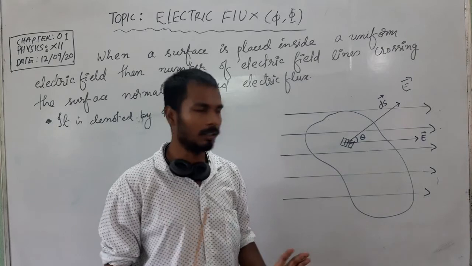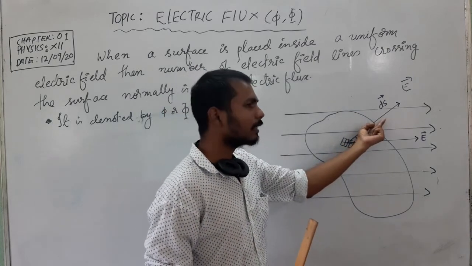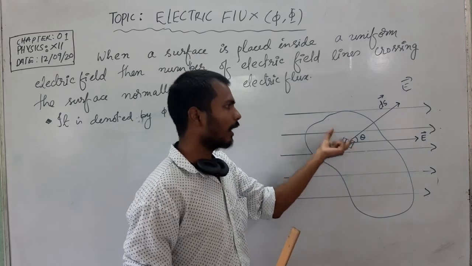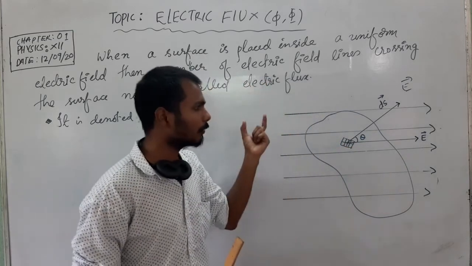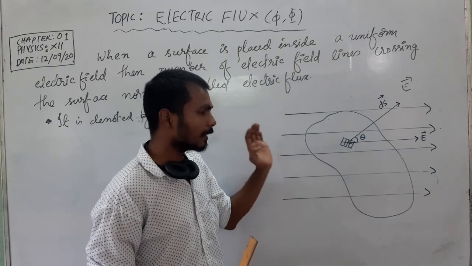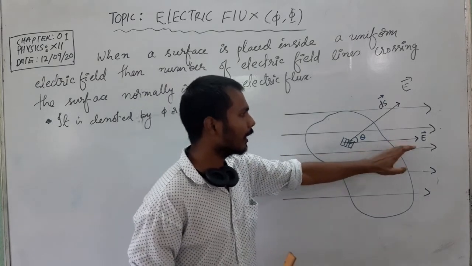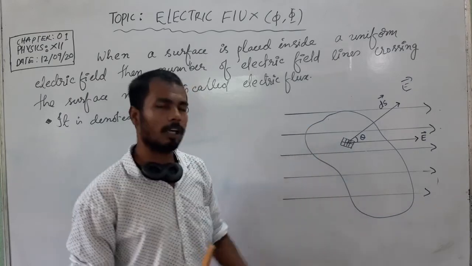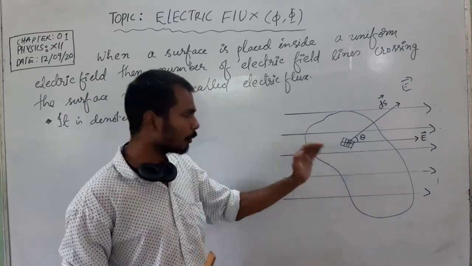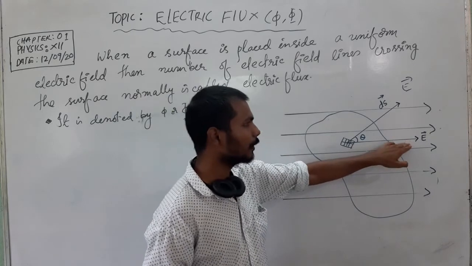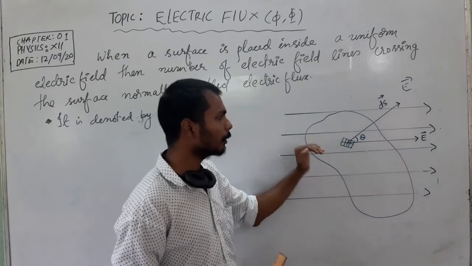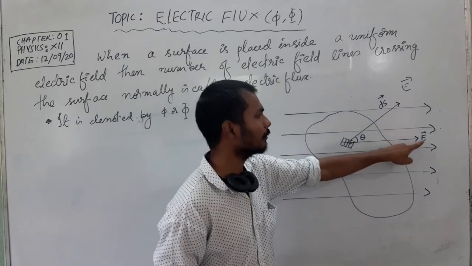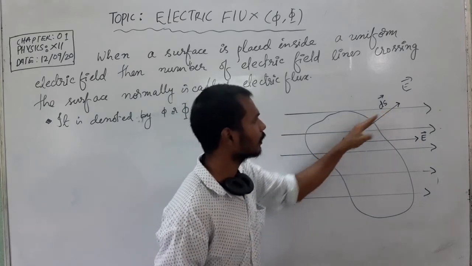Clear? Because this vector is perpendicular to the surface of the area, and according to the definition of electric flux, the electric field lines should pass normally through the plane of the area, perpendicular to the surface. If we draw the perpendicular, then the electric field lines will also go in this direction.